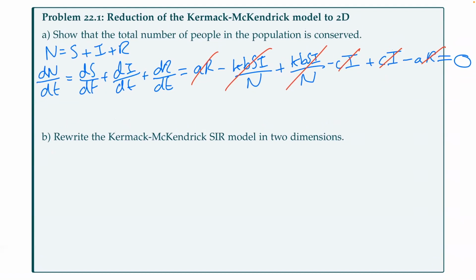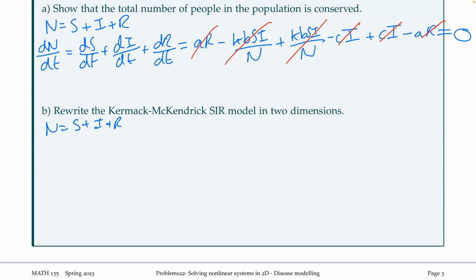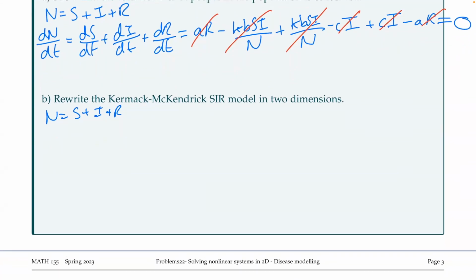Why does that matter in this case? Well, if the population size is constant, we know that N is equal to S plus I plus R. We have three equations here. If we try to analyze this system using the tools that we have, we're going to have to write down a 3x3 matrix. We don't like dealing with 3x3 matrices because they're more complicated. We like 2x2 matrices.